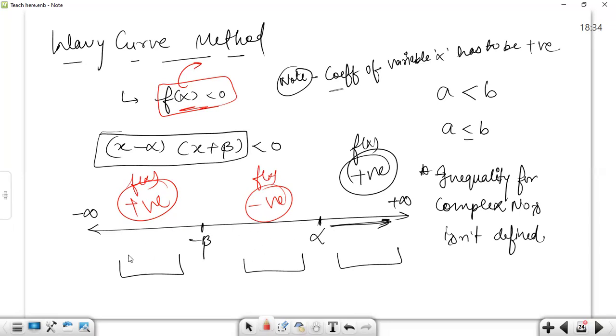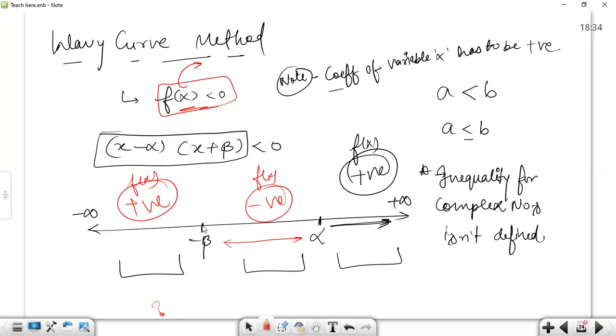Yes, sir, minus beta to alpha. In this period, the function is becoming negative.